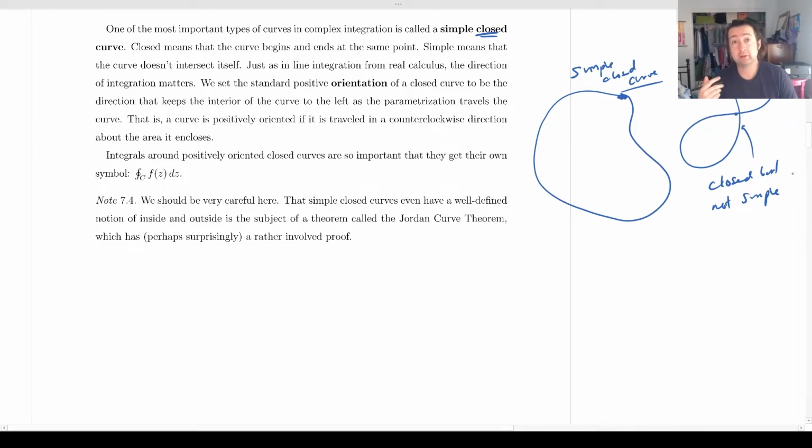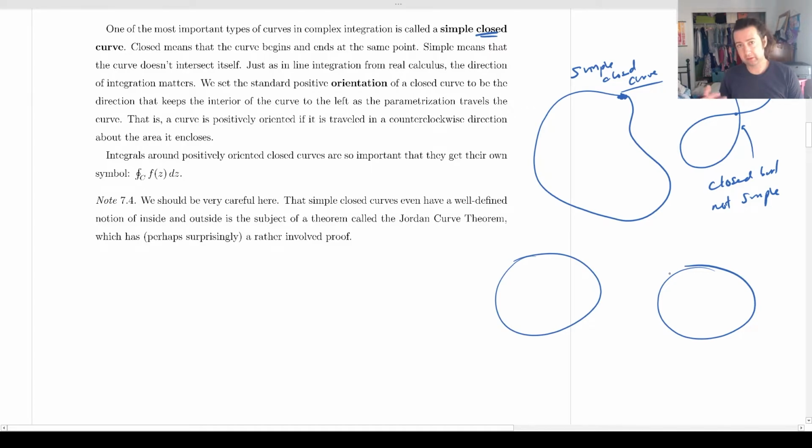As I mentioned earlier, curves come with the notion of orientation. So when I build a parametrization for a curve, some function that describes how a particle would traverse that curve, I have two different possibilities. I can imagine traversing the curve in such a way so that the inside of the curve is to the left, or traversing the curve so that the inside of the curve is to the right, in the case of a closed curve, I mean. So if I had a circle, I have two different possible orientations, or two different ways of traveling around the curve.